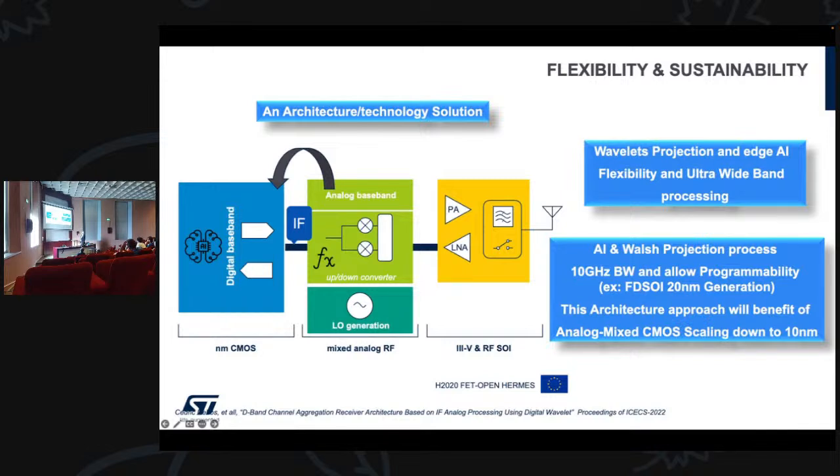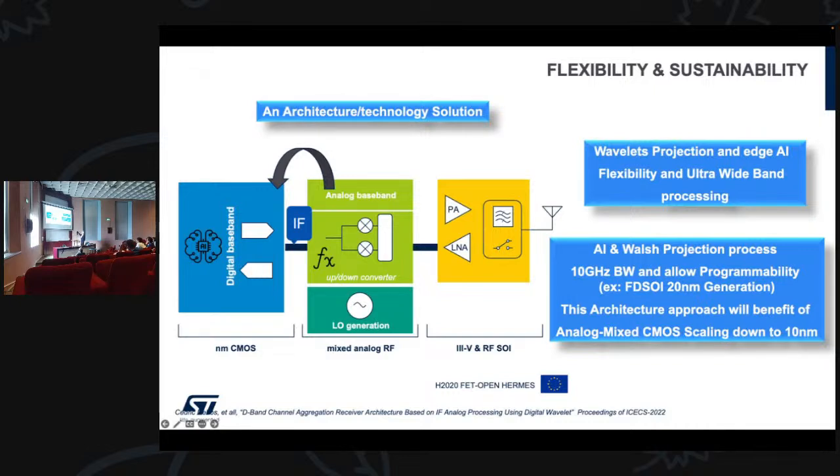This project is done in the 20 nanometer generation of the FD-SOI. And the architecture which is in place for this part, which is the baseband conversion or the AIF conversion, will benefit of the scaling down to 10 nanometer. Why?